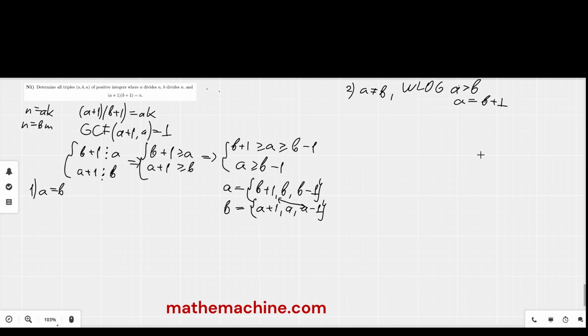So let us go to the first part, and then we'll find all the possible triplets here, and then we'll go to the second part.